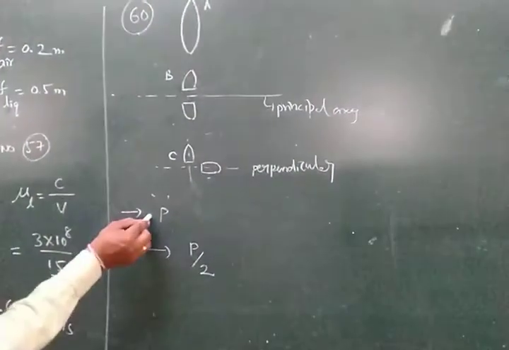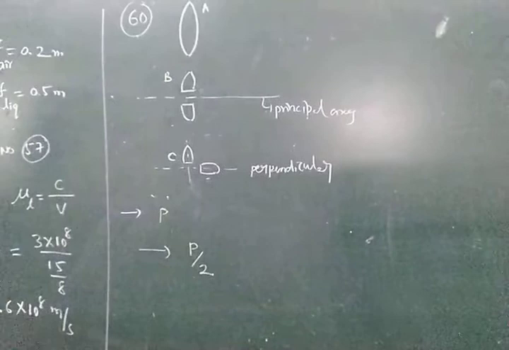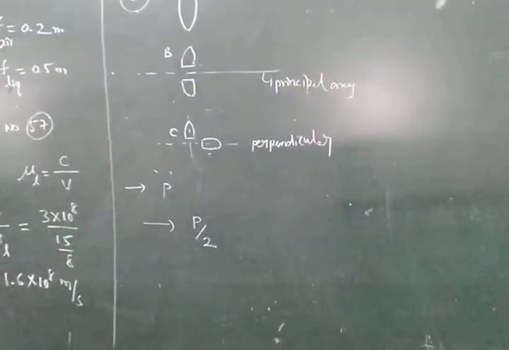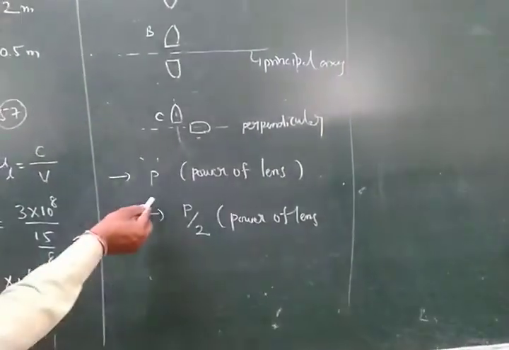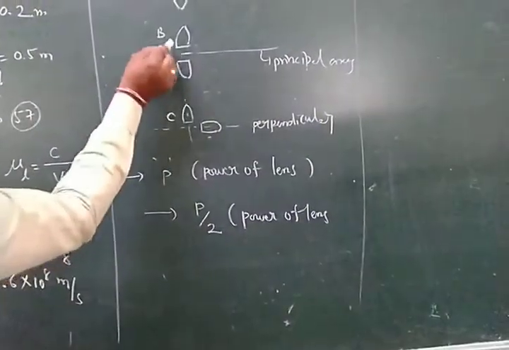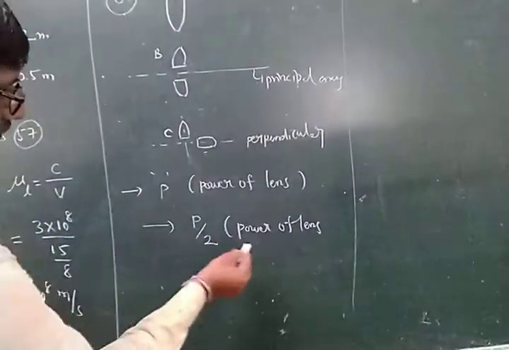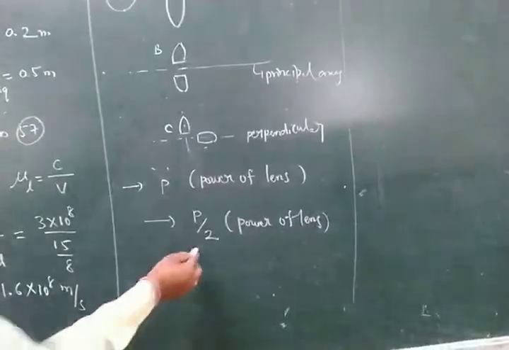The first one has P and the second one has P by 2. The power of the lens when cut parallel is P, and when cut perpendicular is P by 2.